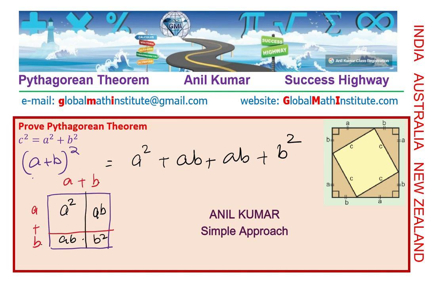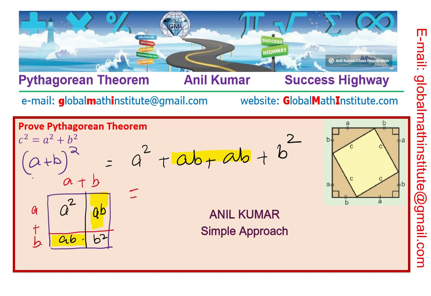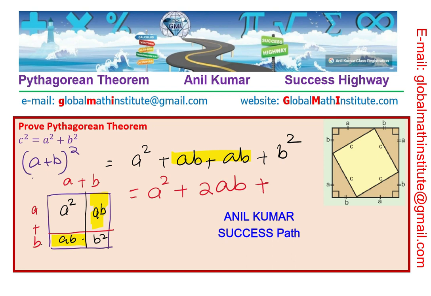B times b. So these are two same areas, ab and ab, which can be combined. And so what we get here is a square plus 2ab plus b square. Make sense? Very easy derivation of (a + b) whole square. That part is clear to you, I hope, with the area model itself.